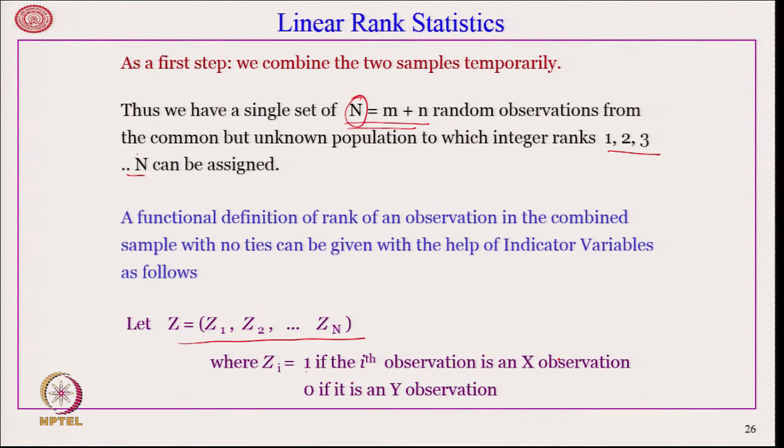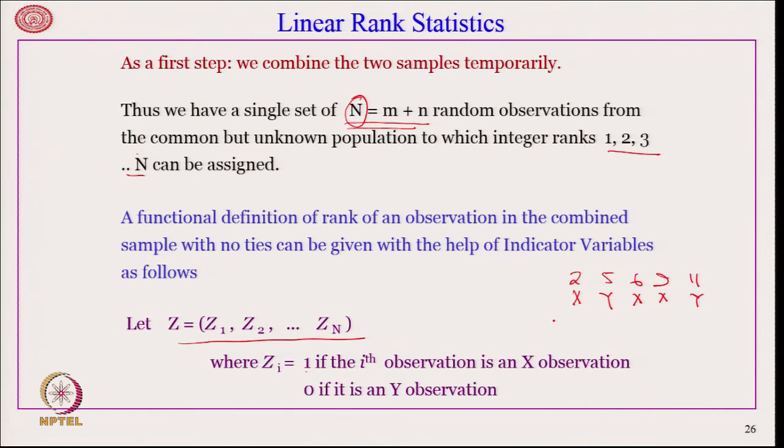Say for example, suppose my observations are 2, 5, 6, 9 and 11, where these are x and these two are y.